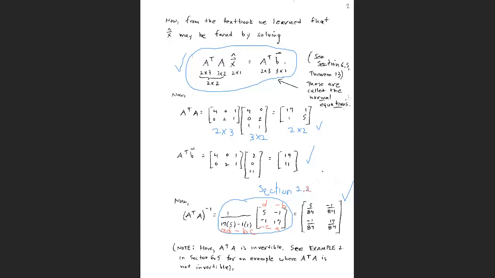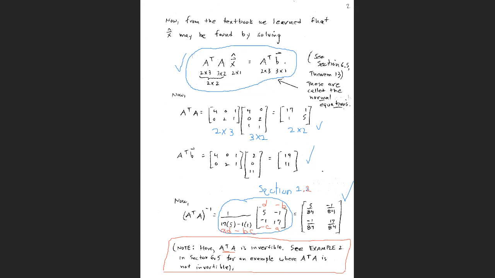Now, there's a comment below that A transpose A is invertible, but sometimes A transpose A is not invertible. In that situation, they have example 2 in the textbook that shows you what to do. Basically, you'll solve a system of equations and row operations will be involved.